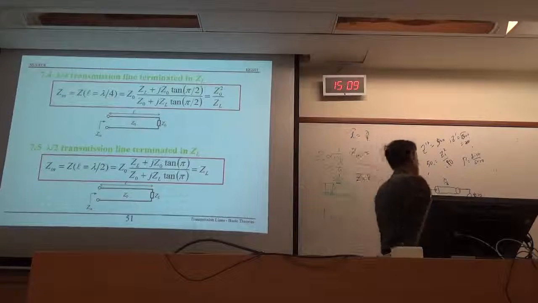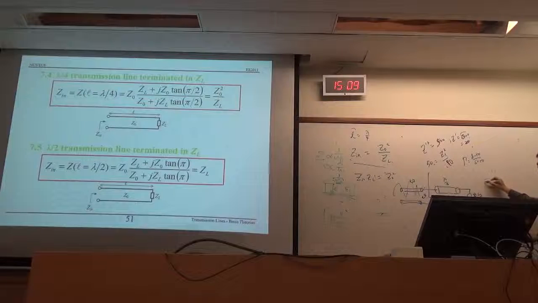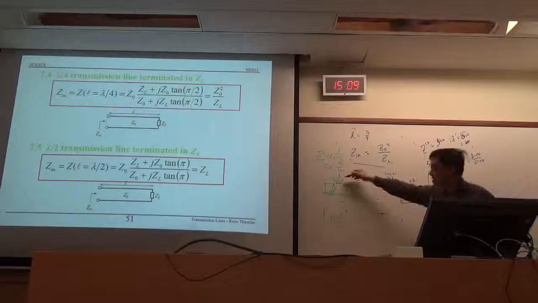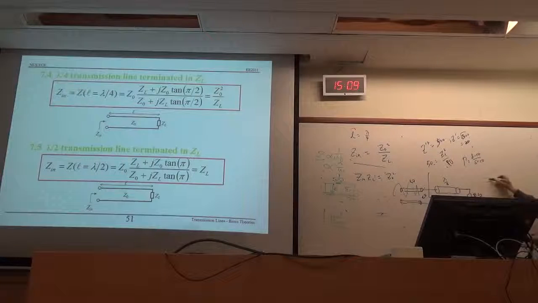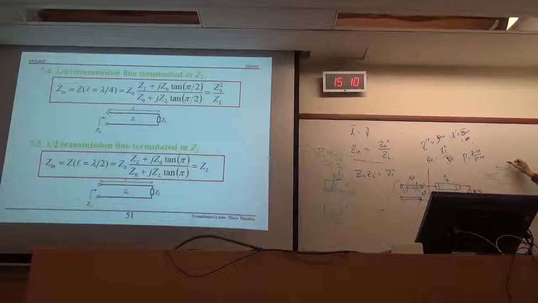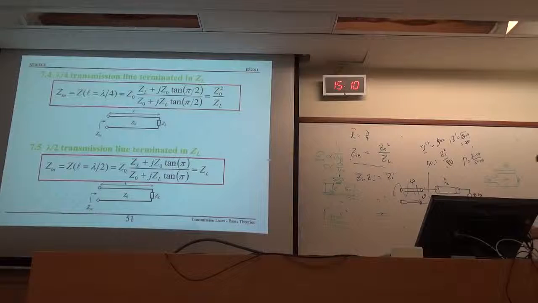If the width of a 50 ohm line is this wide, and I need a 20 ohm line, no problem. I use a transmission line like this, then connect to the load here. This is 20 ohm, lambda by 4.